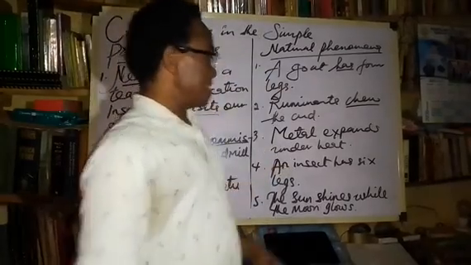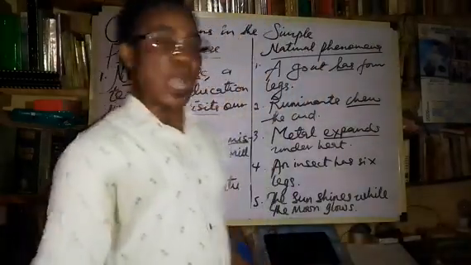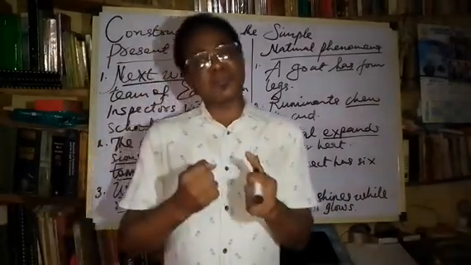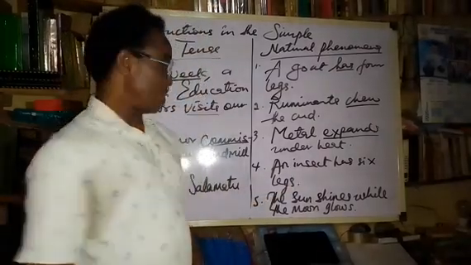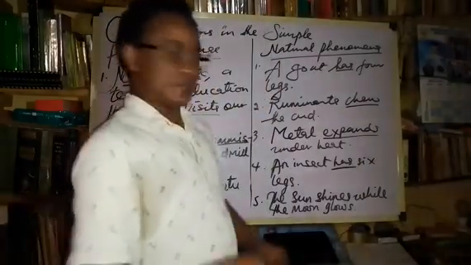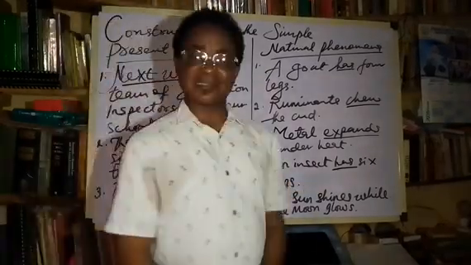3. Metal expands. Metal expands under heat. That's true. It's a natural phenomenon. If you heat up metal, it expands. Number 4. An insect has 6 legs. Correct, just like number 1. An insect has 6 legs.